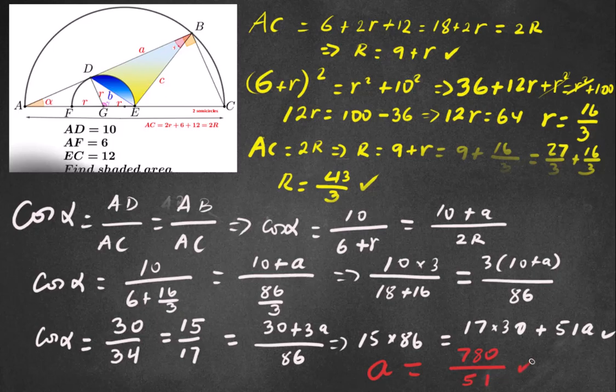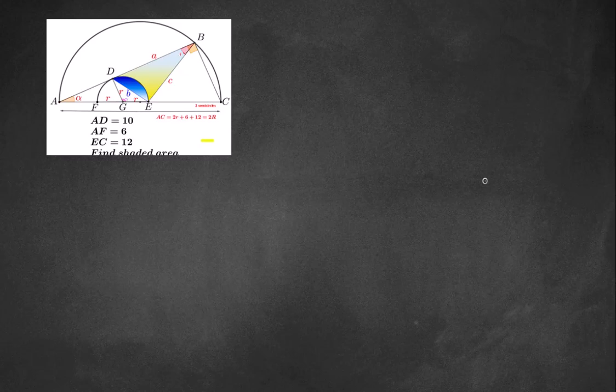So once we have that, we are going to calculate the side C. We know that we already have angle alpha. We already have angle A, side AB. We also already have side AE. All right. So we are going to try to calculate C.